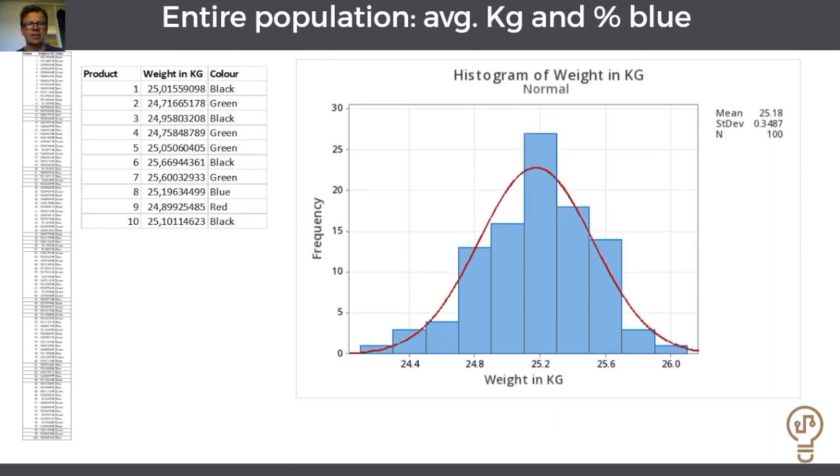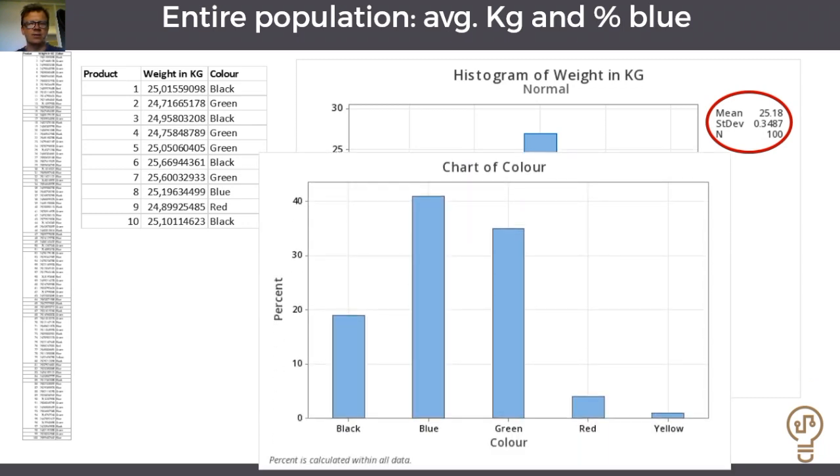And when you look at the entire population, the mean is 25.18, the standard deviation is 0.3487, and the size of the population is 100. So then you know the exact true values. And you know what percentage of products is blue.